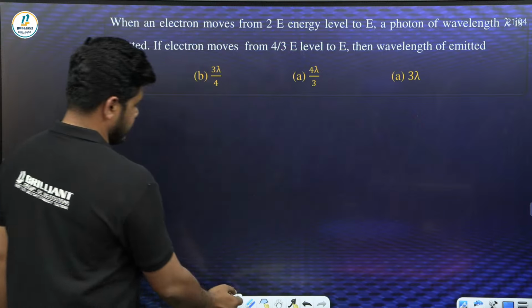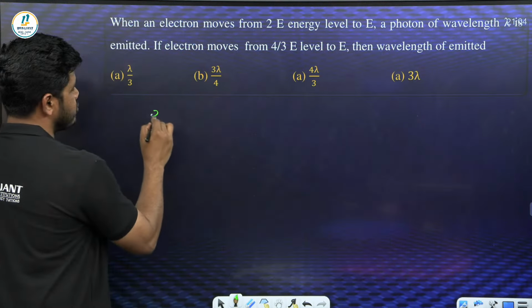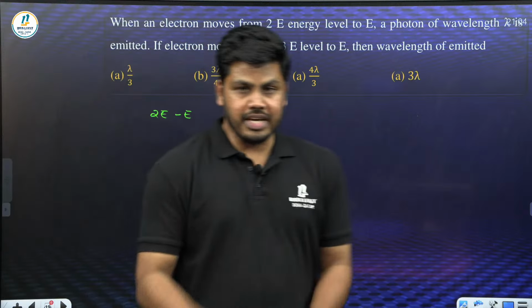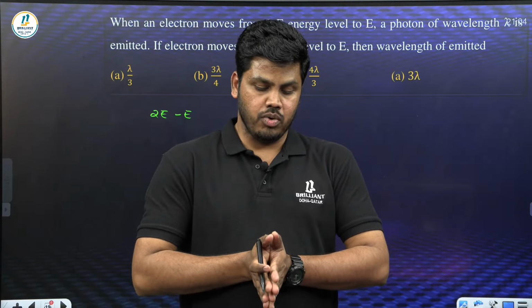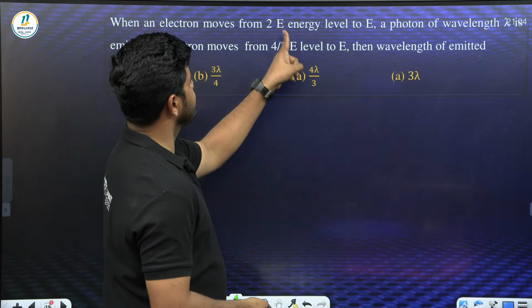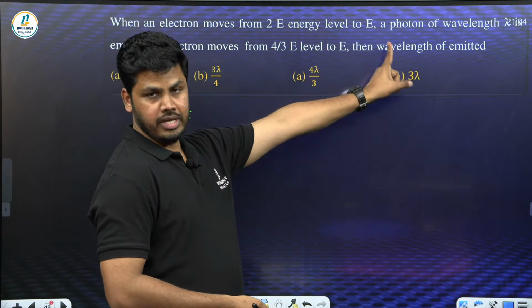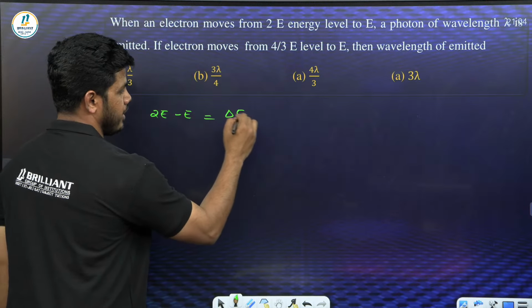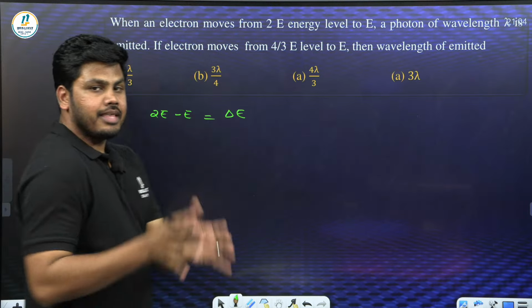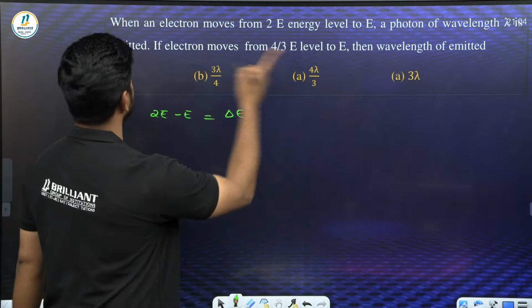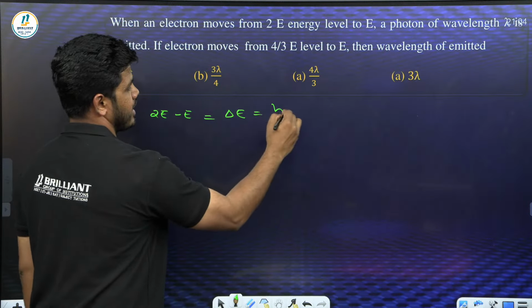So here in the first case it is changing from 2E to E. So the energy released will be equal to the difference in energy of the energy levels. First energy level is 2E and it is coming to E. So 2E minus E is the energy released, delta E. And that delta E is emitted in the form of radiation of wavelength lambda, so I can say it is hc by lambda.